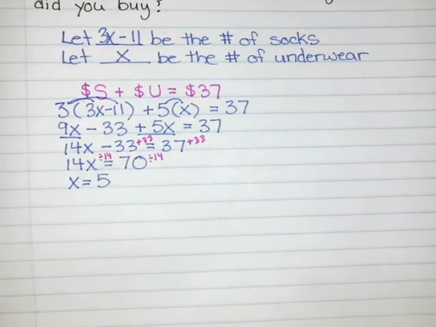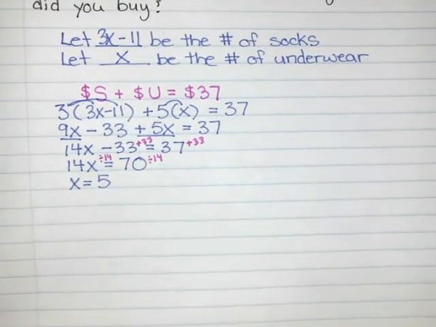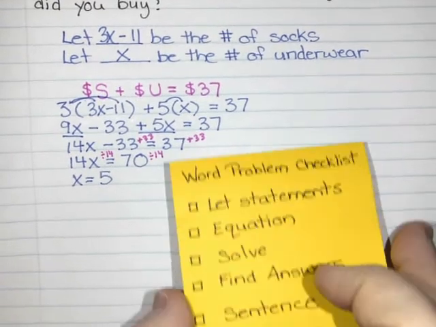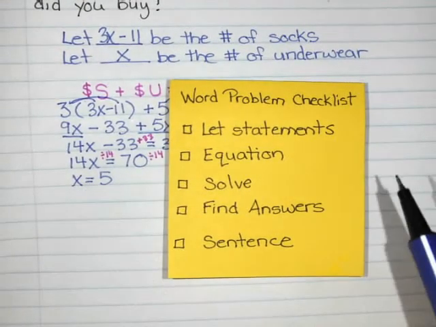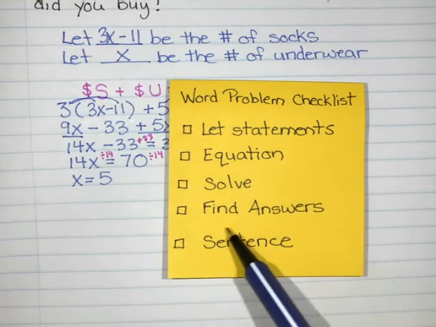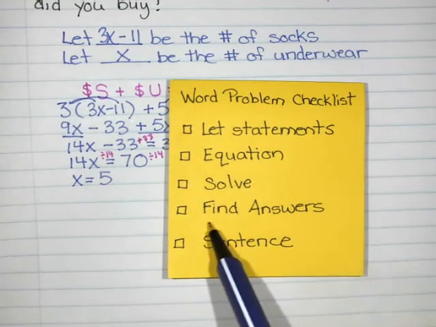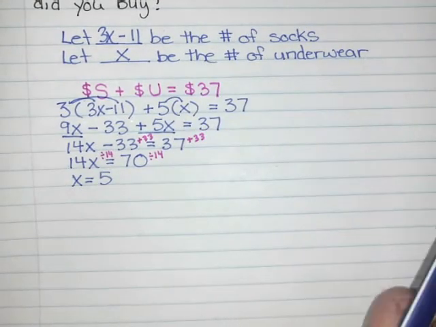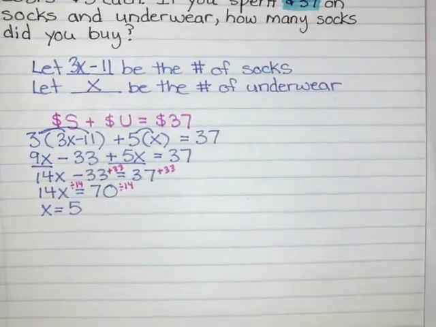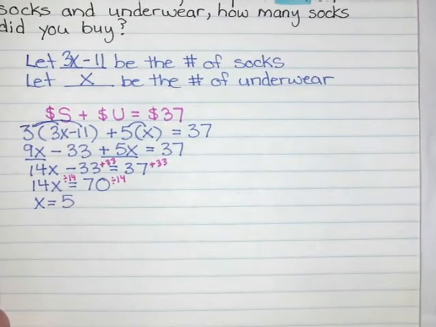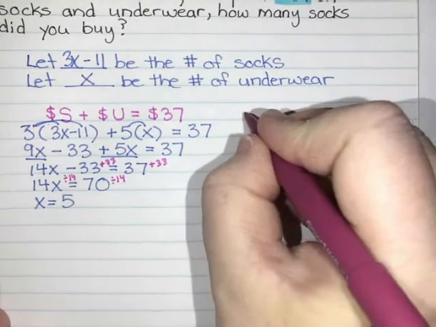is 5. At this point, I often think that maybe I am finished just because we finished that calculation. But I need to remind myself that even though we've done our let statements, our equation, and our solving, we still need to find the answers to the question and then write a sentence. The question was asking, how many socks did I buy? I could find the number of socks and the number of underwear, but I really only have to find the number of socks.